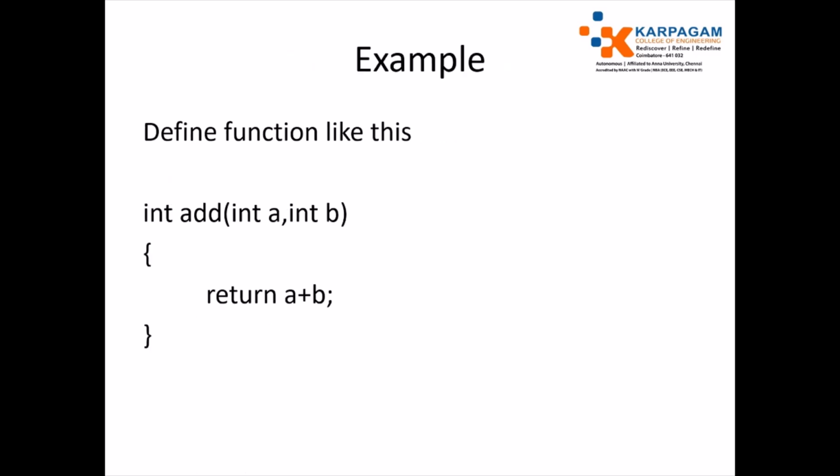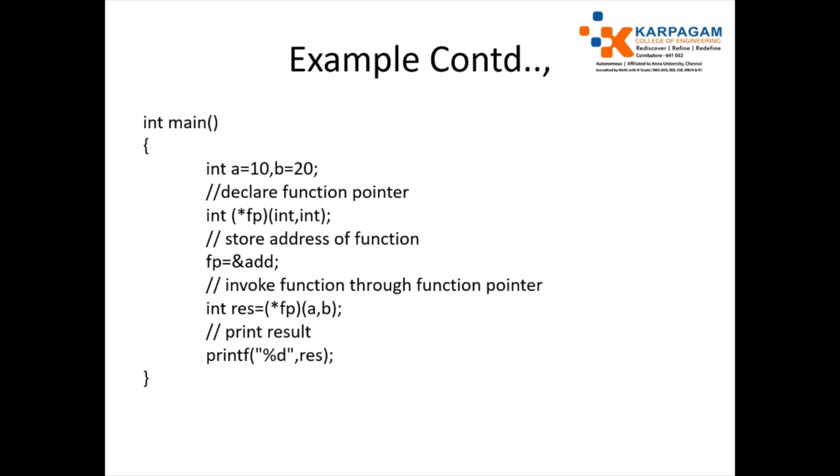So how to access this function pointer? First of all, we need to store the address of the add function inside the function pointer, and we can call the function through the function pointer. Consider inside the main function, I have two variables declared and initialized with values 10 and 20.